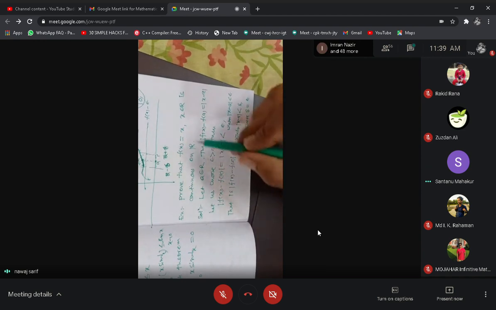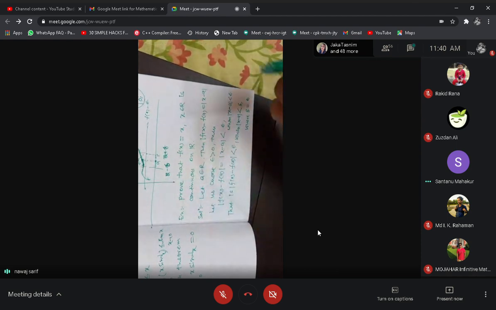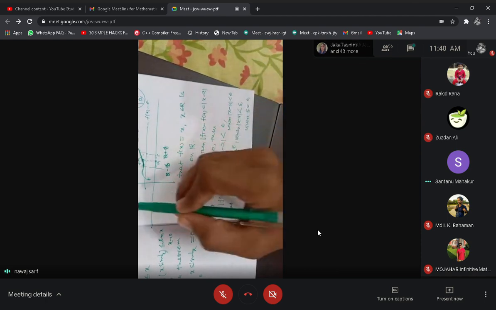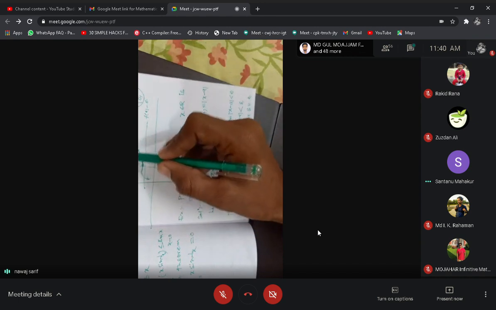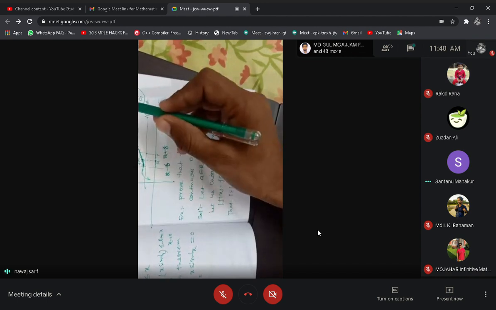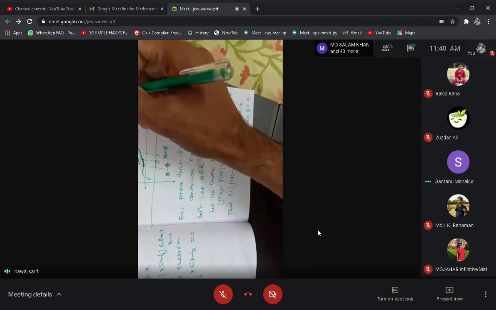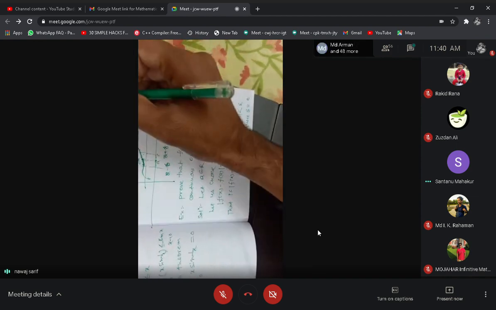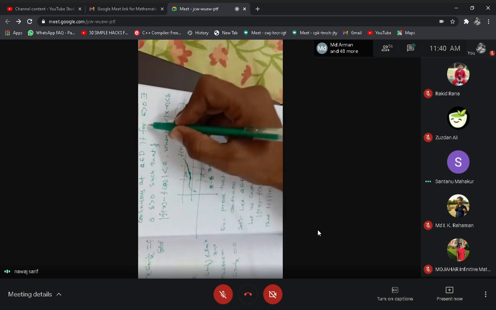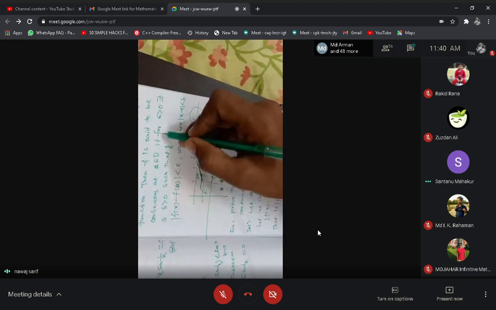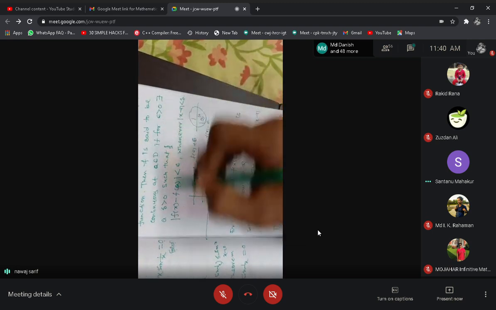So we have to prove that f(x) equal to x is continuous on R. According to the definition, f is continuous at a point if mod of f(x) minus f(a) is less than epsilon. For epsilon greater than 0, there exists a delta.